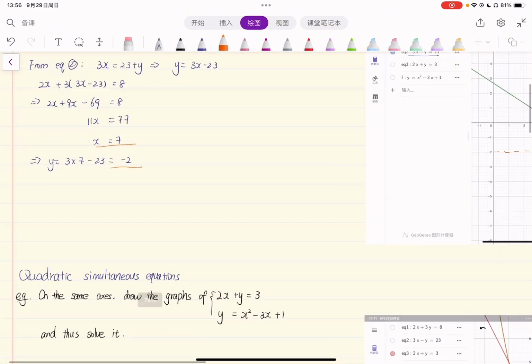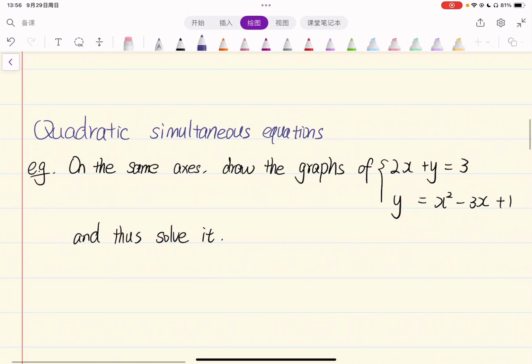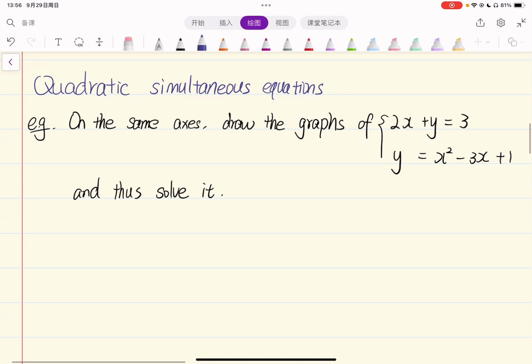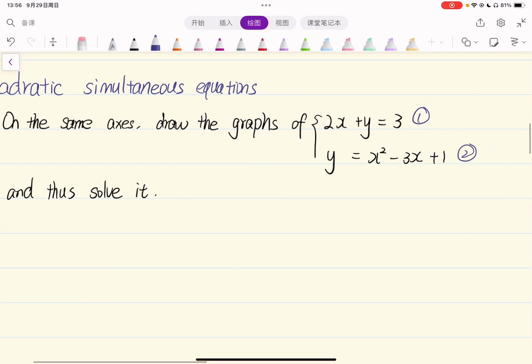Now let us see the quadratic simultaneous equations. A similar question: draw the graphs of 2x plus y equals 3 and y equals x squared minus 3x plus 1. Also, we can try to solve it normally. This one is equation 1, this one is equation 2.